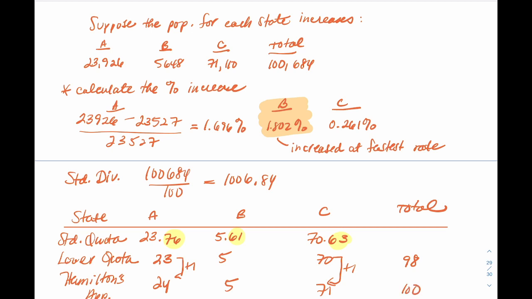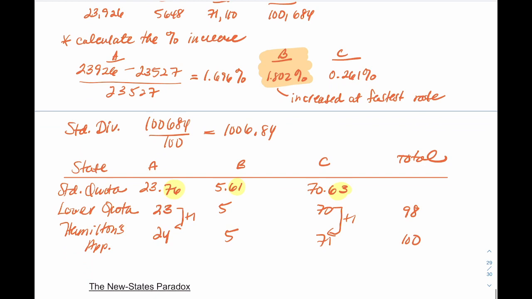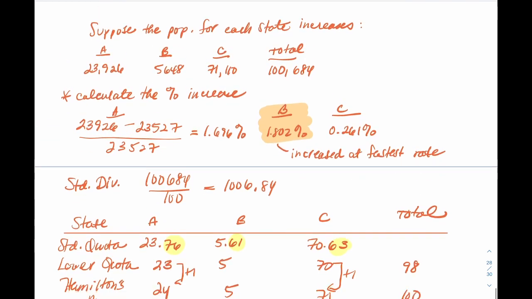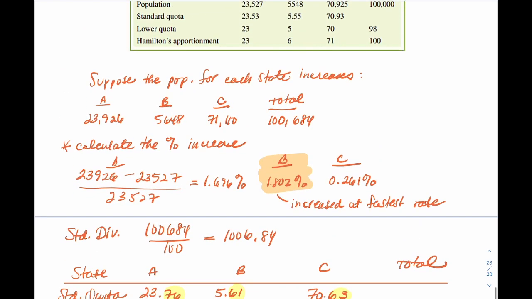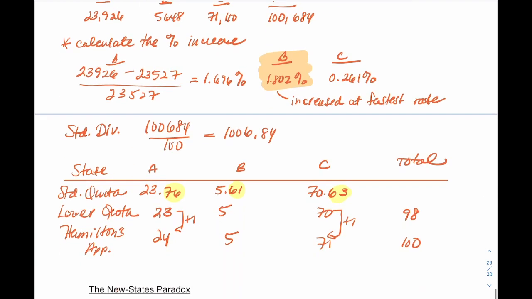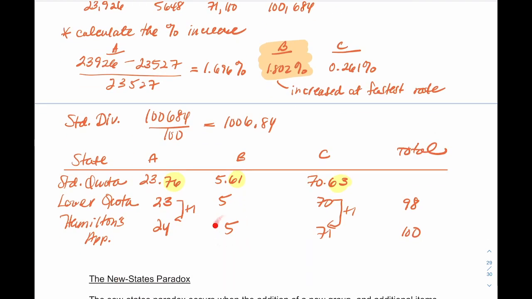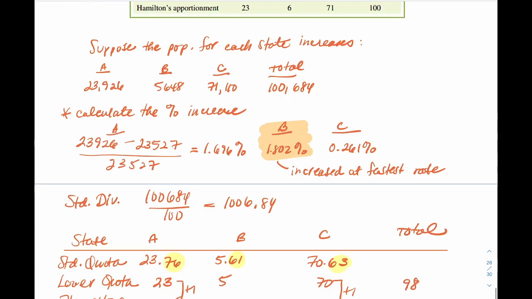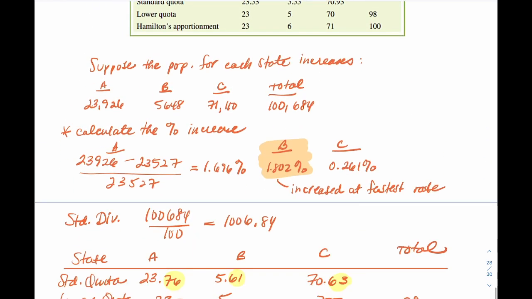Okay, what do you notice happened? State B actually lost a seat. When they had the smaller population, they were apportioned 6 seats. But now, when the population increased, they lost a seat. So that's where the population paradox occurs.